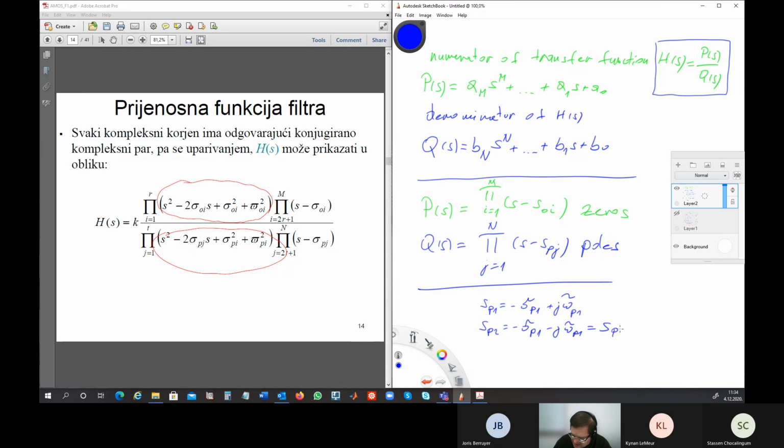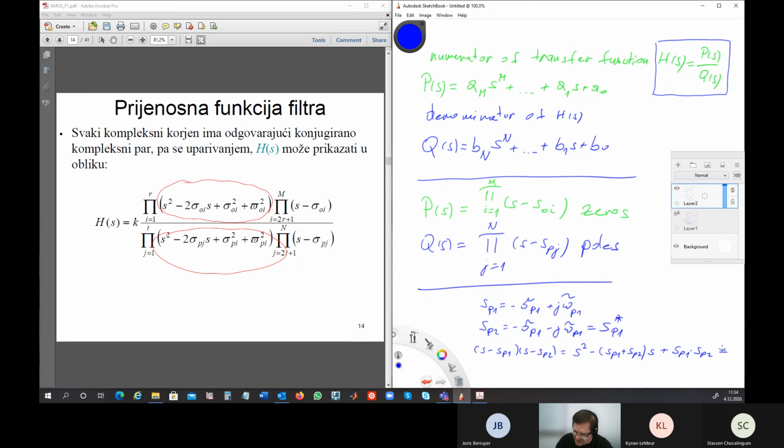We can say that this is the conjugate of pole 1. And now, if we group those two together, we have the following: s squared minus (sp1 plus sp2) times s plus sp1 times sp2.